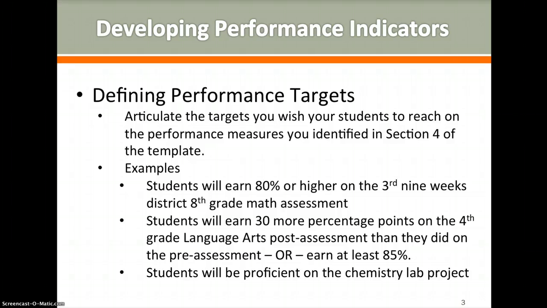Or finally, you might identify students will be proficient on a chemistry lab project. Please note these examples are not complicated. Performance targets do not indicate statements such as 30% of the students earning less than 20% on a pre-assessment will earn at least 60% on the post-assessment. Keep your performance targets simple.